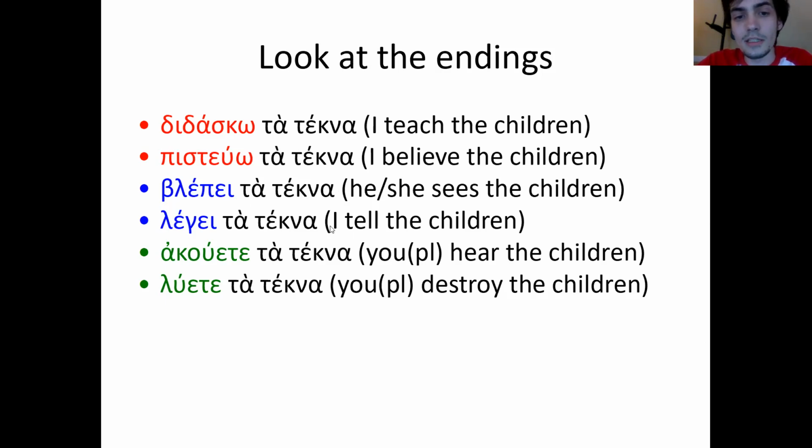That's supposed to be he, she. I don't know what happened there. Akouete is you all, like the general you all. And we see that the ending changes depending on the subject.